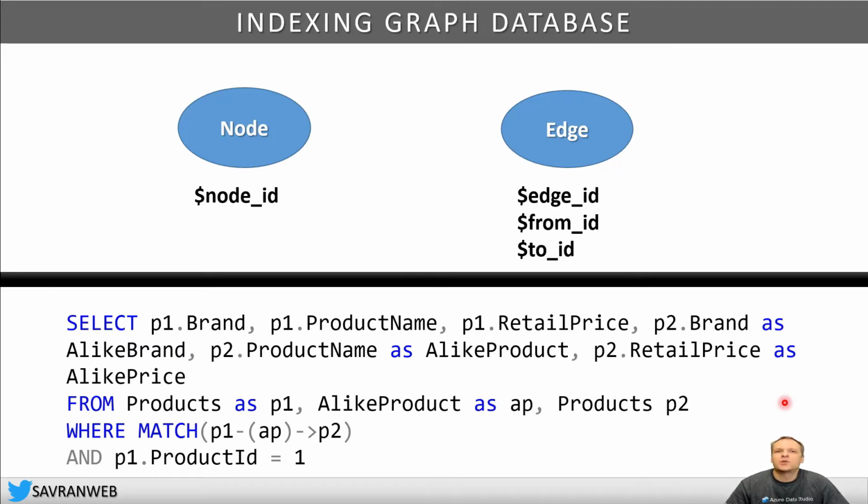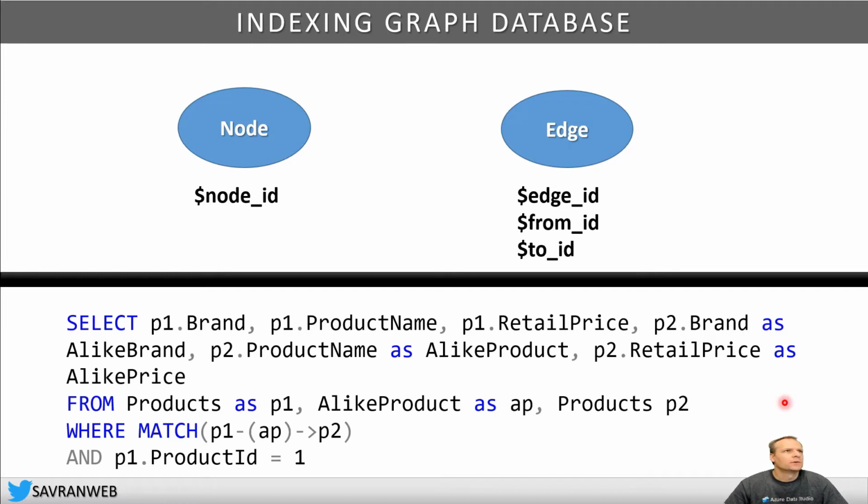We have Edge ID, From ID, and To ID. Microsoft strongly recommends creating indexes on From ID and To ID in your edge tables, because the system is going to use those columns to find the data. You might not put them in your select statements, but the system is going to use them to find the data. So it's pretty important.